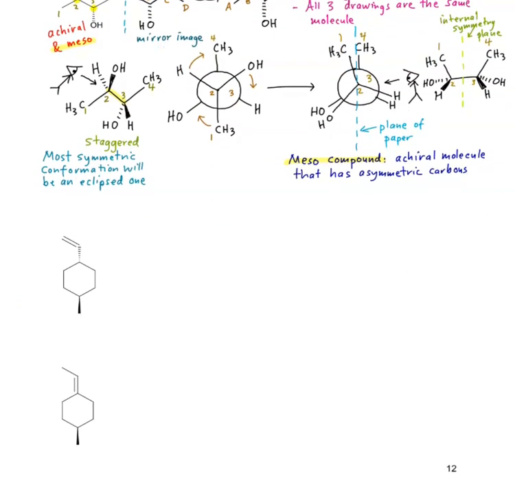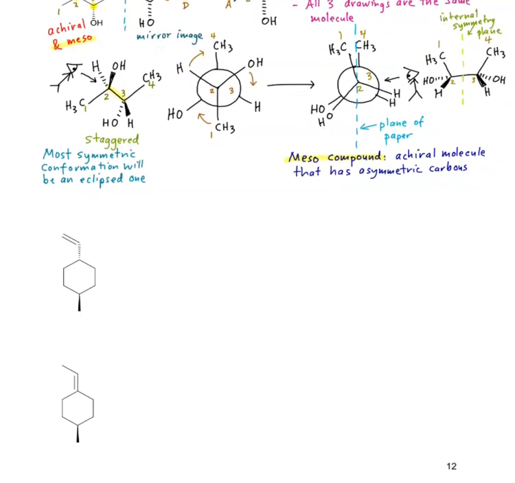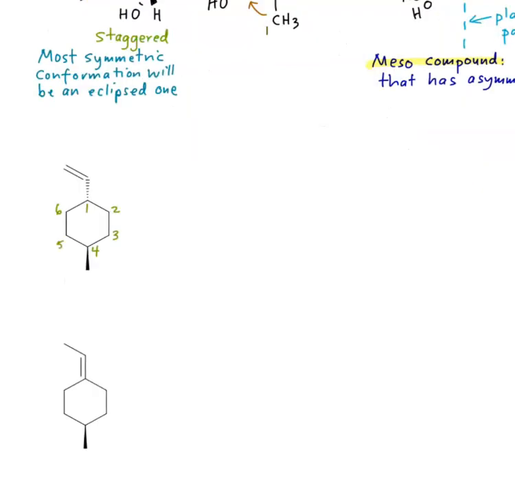Okay, let's do 2 more of these, and then we'll be done with this. So let's take a look at this first one. I'm going to number the carbons. And let's start by determining if there are any asymmetric carbons. Now this is really a lot like the situation we saw with the dimethyl cyclohexane earlier.